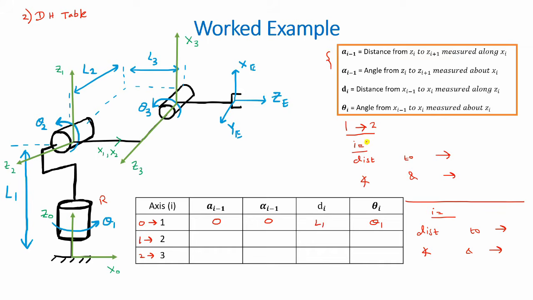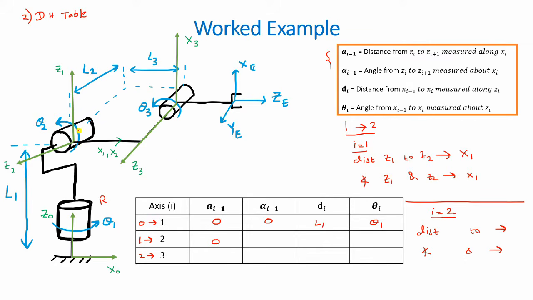For the first two, i will be equal to 1, and for the last two, i will be equal to 2. So for a_(i-1), we would want the distance between z1 to z2 along x1. The distance z1 to z2 in the x1 direction would be 0, as they both have the same origin. Then the angle z1 to z2 about x1.